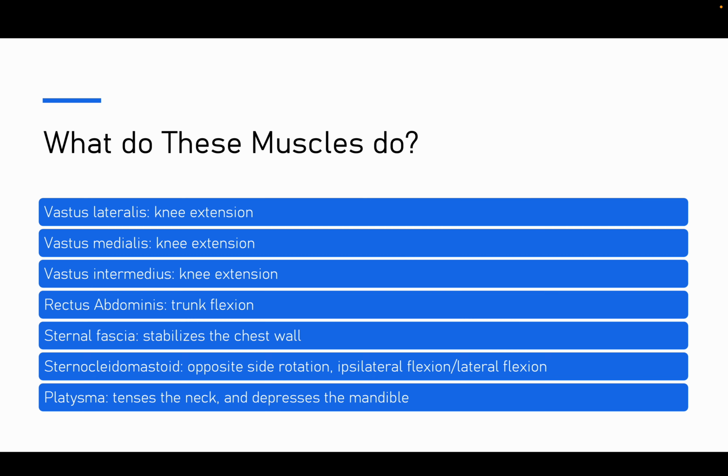Your rectus abdominis does trunk flexion. The sternal fascia is going to stabilize your chest wall. The sternocleidomastoid does opposite side rotation and ipsilateral flexion and lateral flexion. And lastly, the platysma is going to tense the neck and depress the mandible.